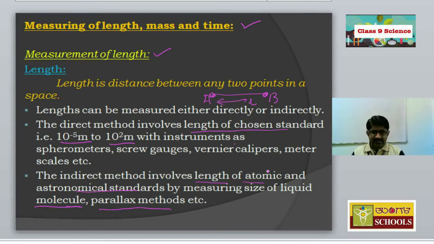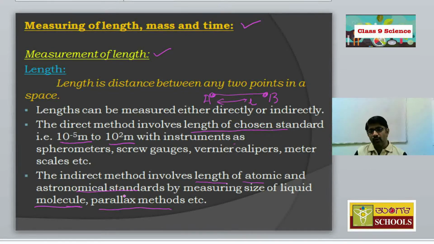Atomic standards you cannot measure directly because it is such a low scale. You cannot use the direct method, but you can use an indirect method by measuring the size of a liquid molecule using sophisticated techniques. Even though you are not measuring directly, you are taking the indirect path to reach the smaller scales.